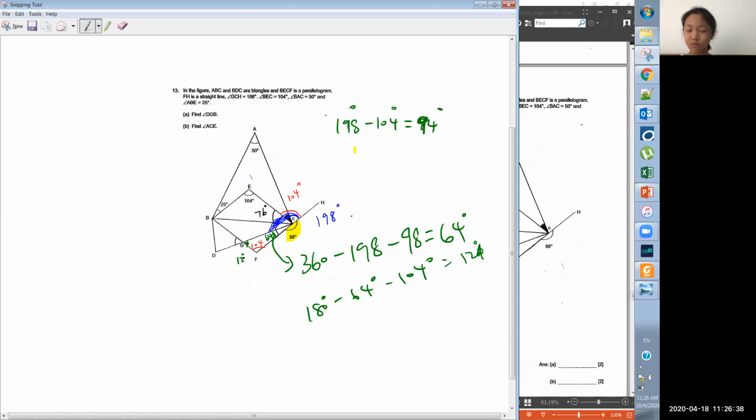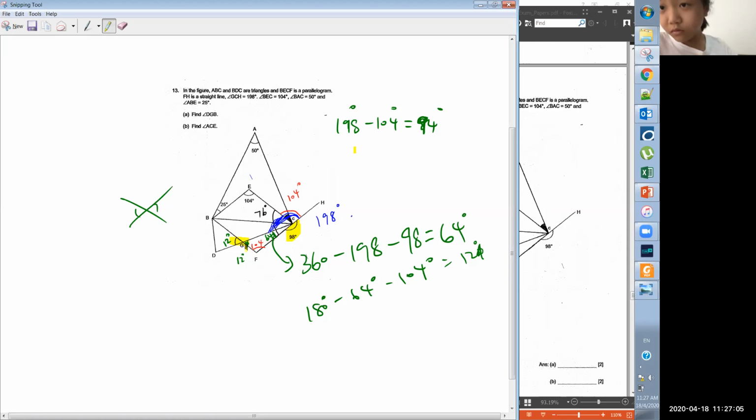By the way, I think the question has some. Let me see. Oh, yeah, correct. So your this one is 12 as well because it's an opposite angle, right? Can you see? Can you see?